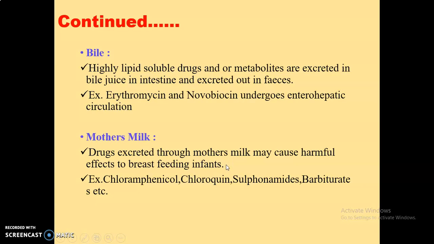So precaution should be taken while prescribing drugs in the lactation period, since such drugs excreted in mother's milk will affect the infants. Examples: the antibiotic chloramphenicol, the antimalarial drug chloroquine, sulfonamides, barbiturates etc. get excreted by mother's milk.